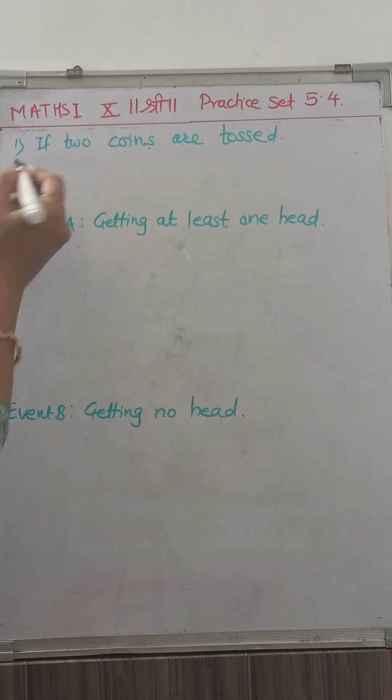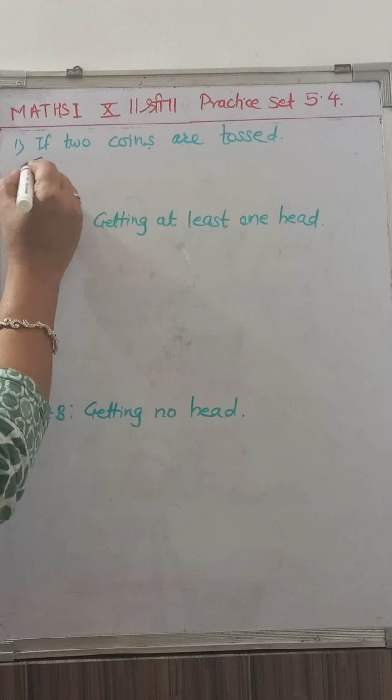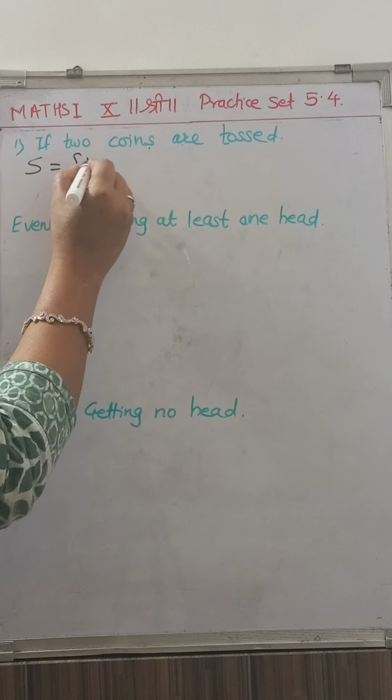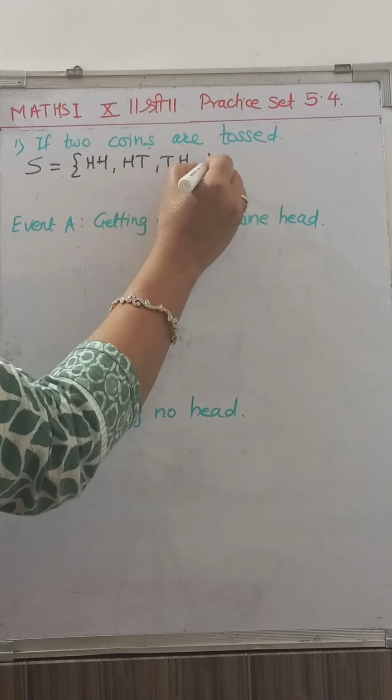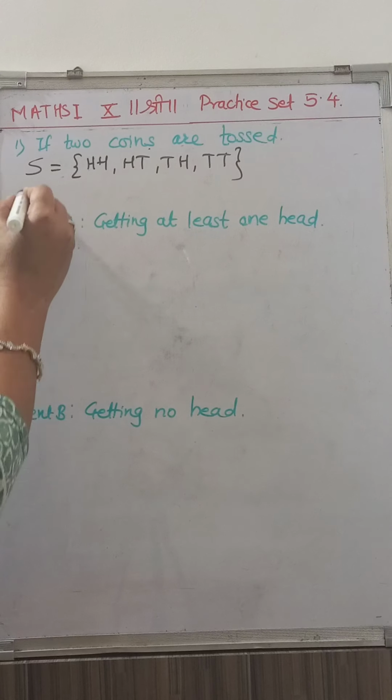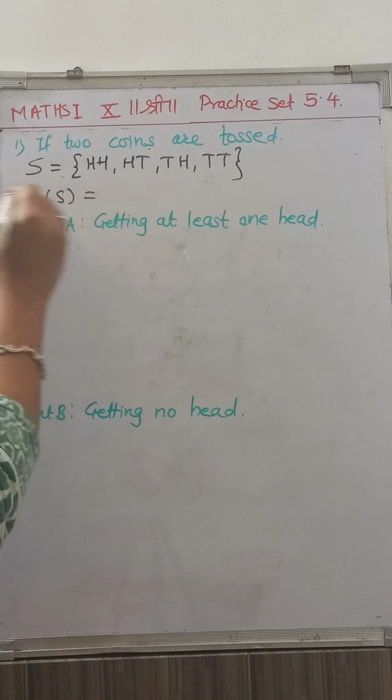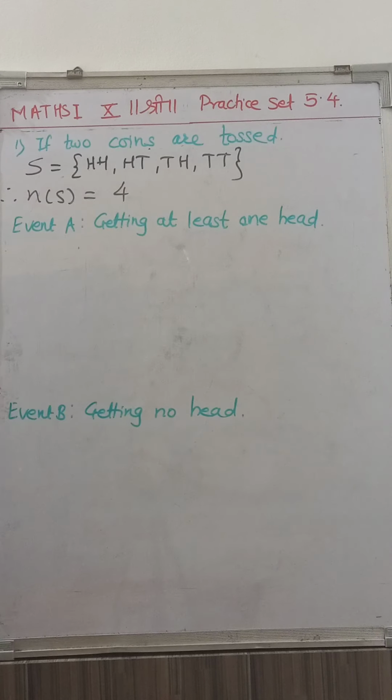Now if we show the sample space by S, then S is equal to HH, HT, TH and TT. Therefore, number of sample points N of S is equal to 4.